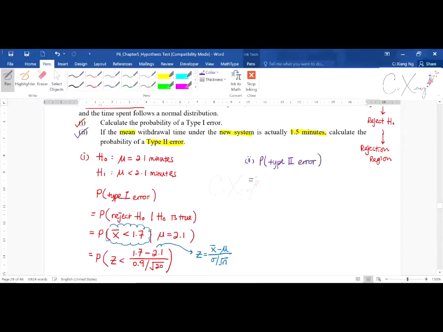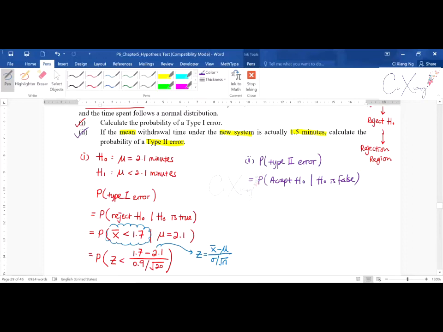Type 2 error means that you accept the null hypothesis when the null hypothesis is false. All the definitions here, you need to remember yourself. The type 1 error and type 2 error definitions, you have to always remember them, because if you don't, you cannot continue with the calculation.